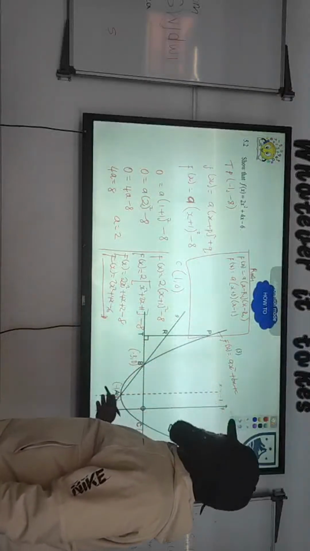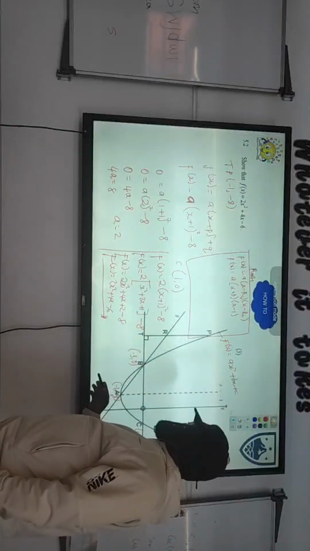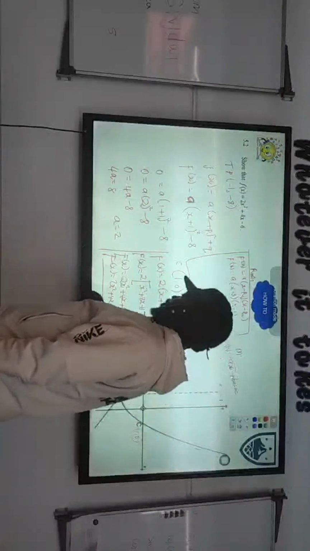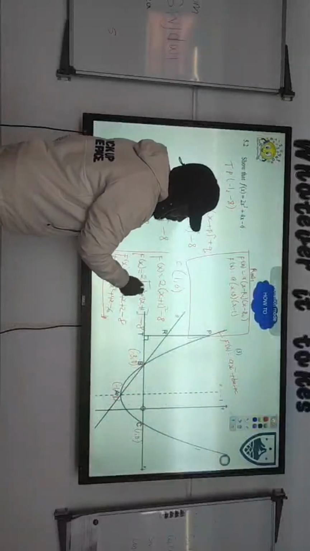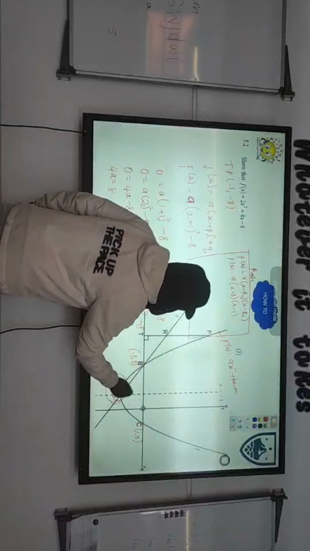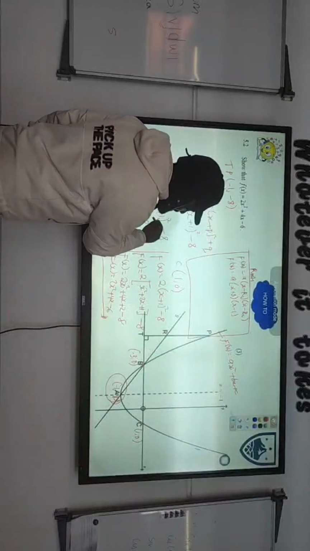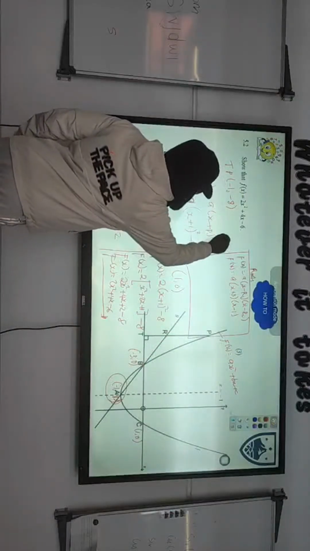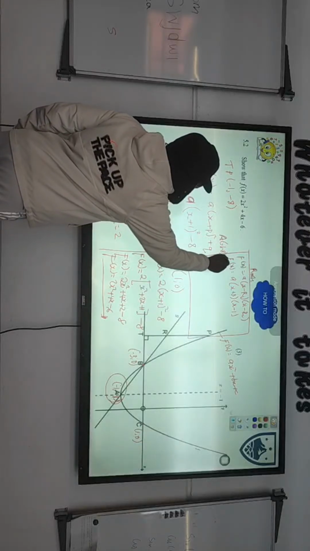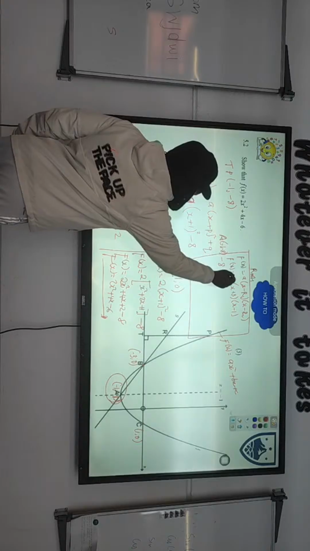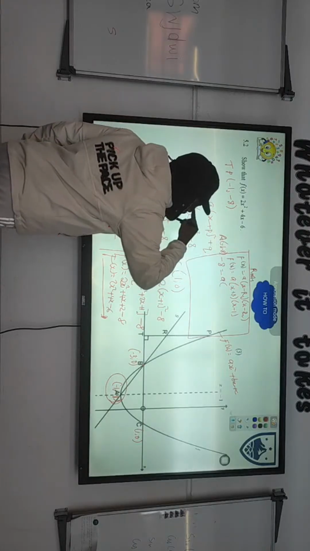You can also substitute one point here. I'm going to use point A, which is negative 1 and negative 8, so this is why it's negative 8. Where I see x, I'll put negative 1.